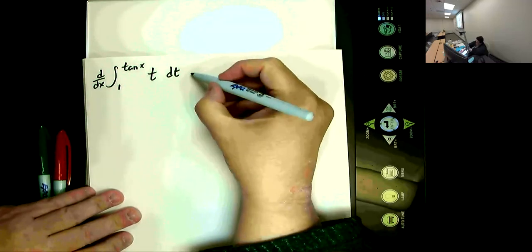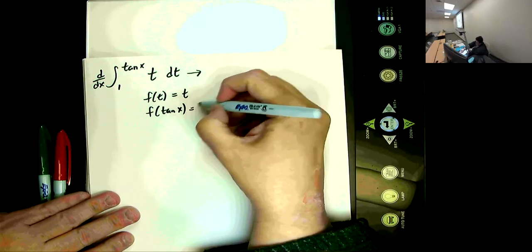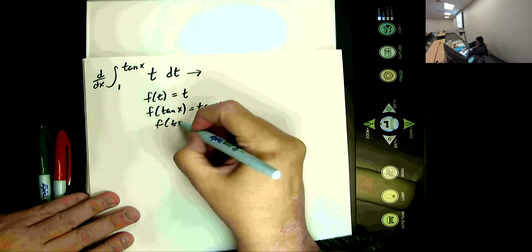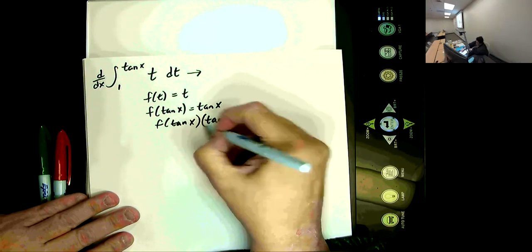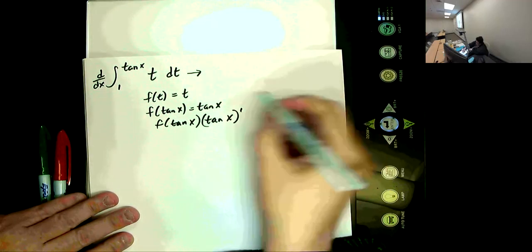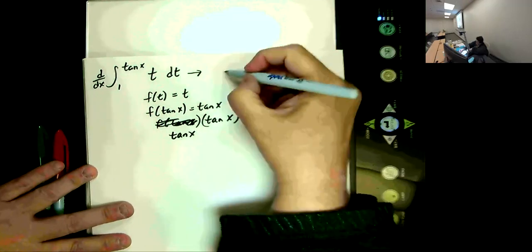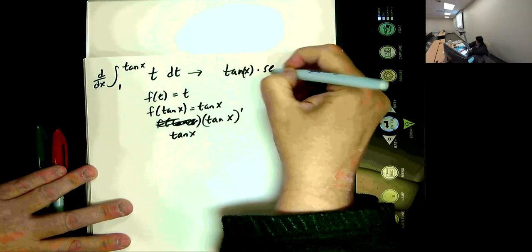The shortcut method says f of t equals t, and I need f of tangent x, which would be tangent x. And then I need tangent x times the derivative of tangent x. This should get you tangent x secant squared x.